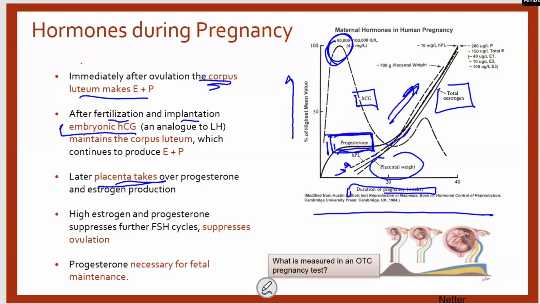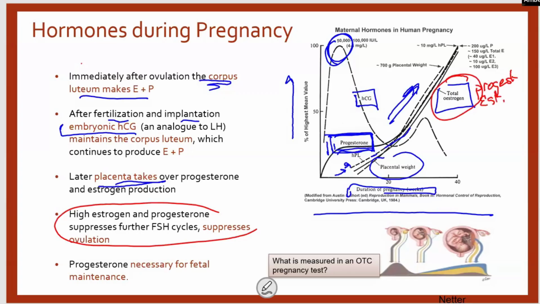So what keeps you from ovulating again while you're pregnant? It's the negative feedback cycle. Now you have a lot of estrogen and a lot of progesterone being made by the placenta. There's enough estrogen and progesterone to go back up to the hypothalamus and pituitary and say, we don't need FSH and LH anymore, we're already pregnant.